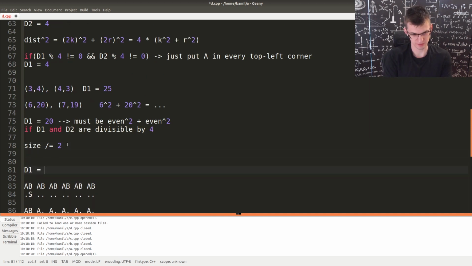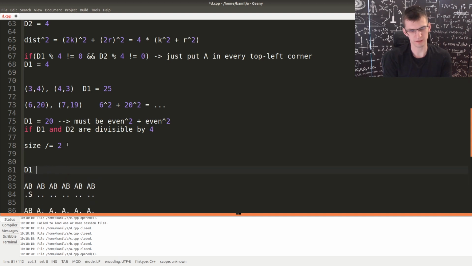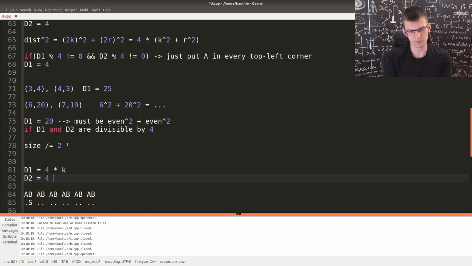If this is the case, so, well, yeah, D1 is of form 4 times K, and D2 must be 4 times K plus 1, or not, or 2. Let's think. Even square plus even square gives us this.